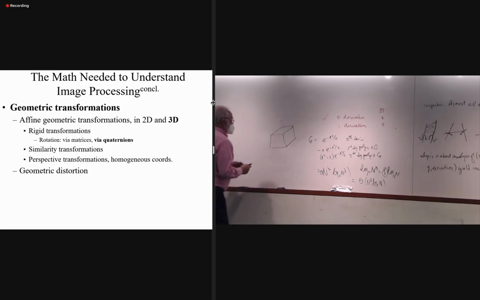The basic idea is that if you have a three-dimensional image of my body, and I want to compare it to a standard body, I may have stood this way in the image, and in order to do the comparison, I have to rotate the image. Or I may have stood over here in the imaging device, and I need to translate me to over there.